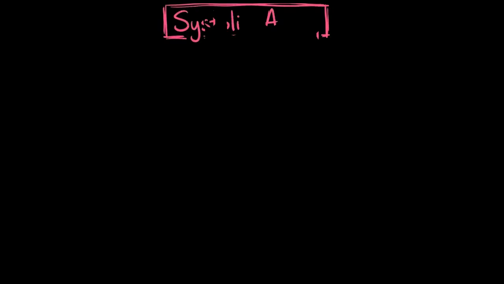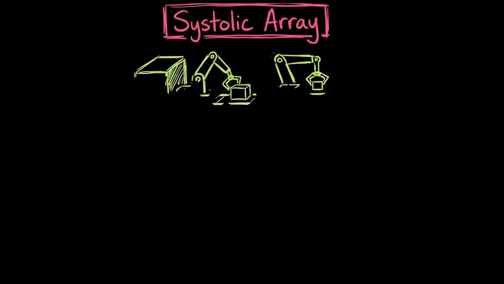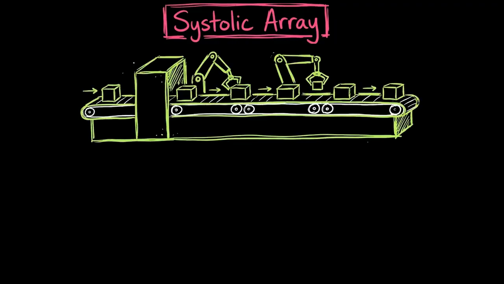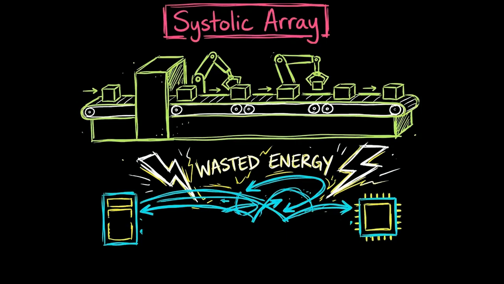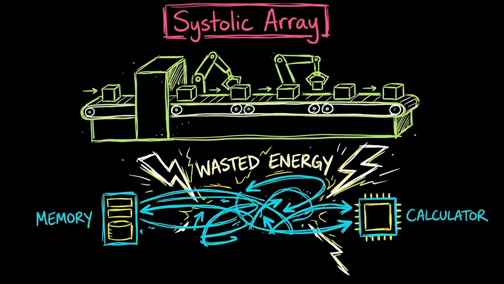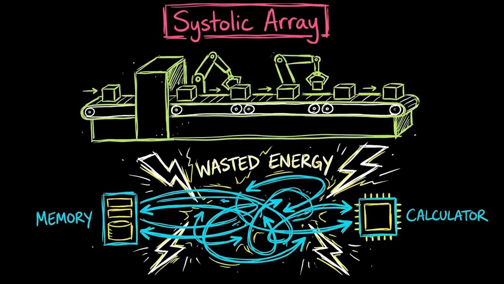The key idea behind a TPU is something called a systolic array. Think of it like a giant automated factory conveyor belt. In many chips, data gets calculated, stored in memory, pulled back out, calculated again, then stored again. That constant movement wastes time and electricity.